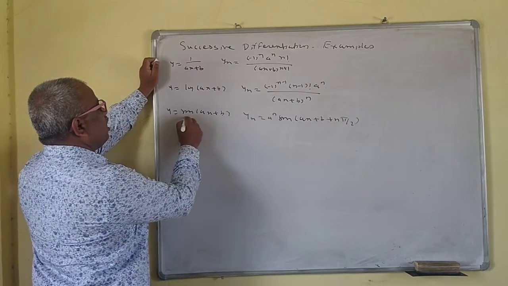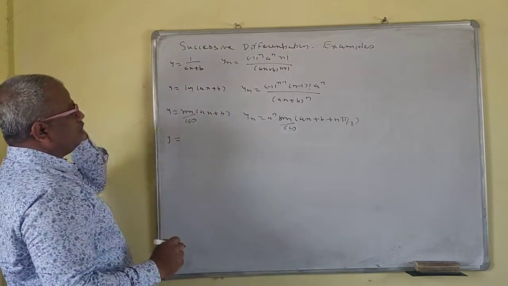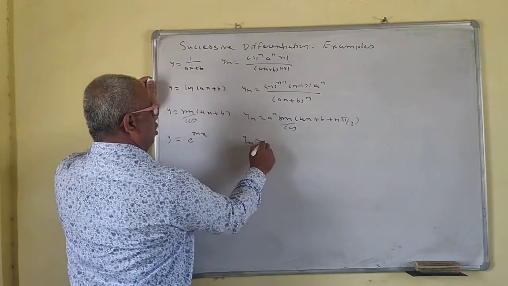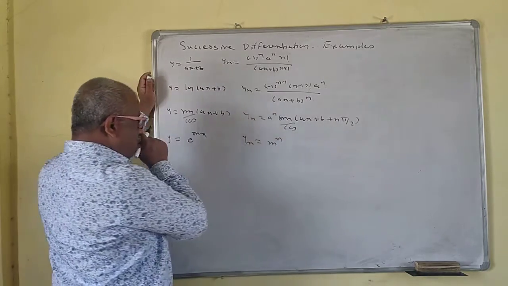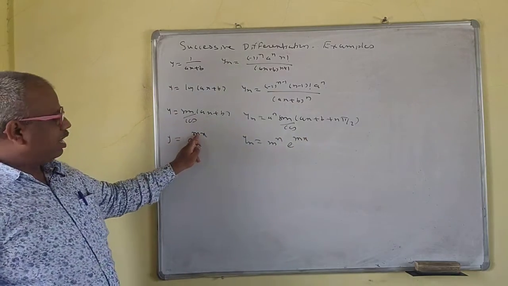Same thing here for cos also. If y is equal to e raised to mx, then yn is equal to m raised to n e raised to mx. So you may say e raised to ax.